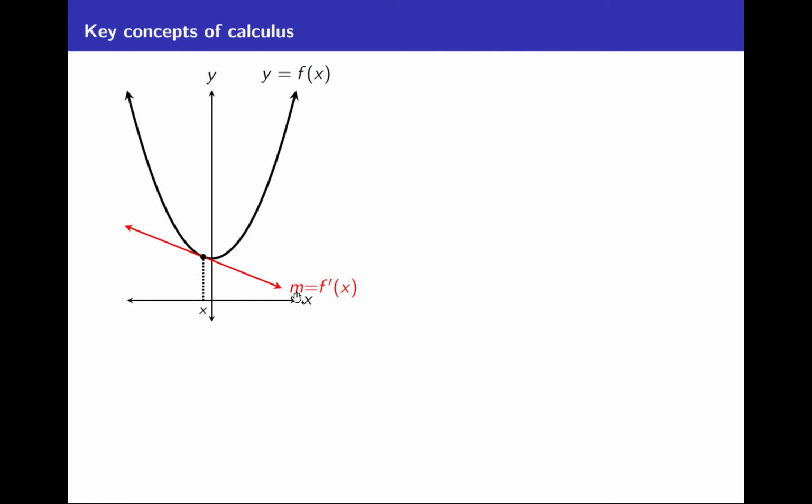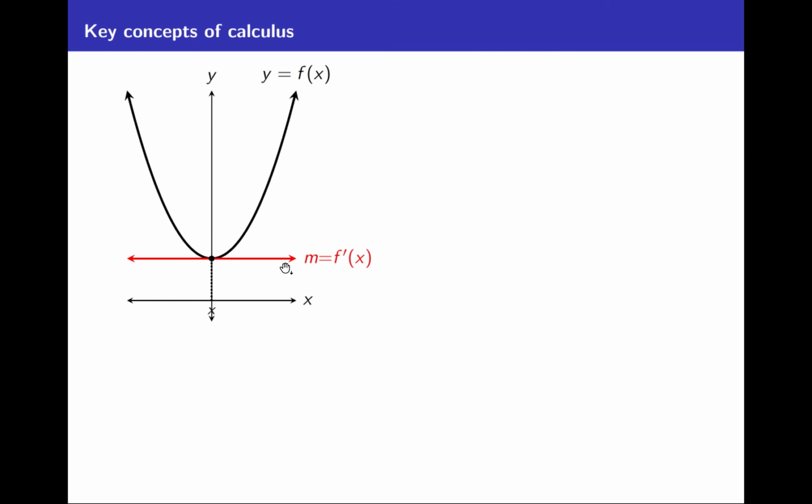So the slope of the tangent line at the point x is f prime of x. So here, for this particular value of x, f prime is a negative number, but it's getting closer to 0. And now for this value of x, f prime of x would actually be equal to 0.